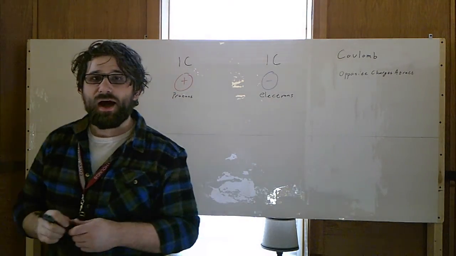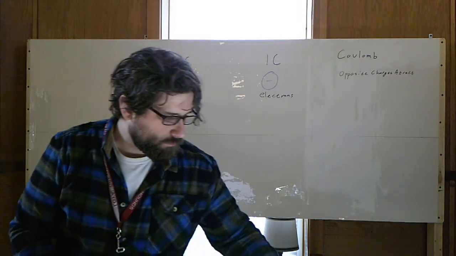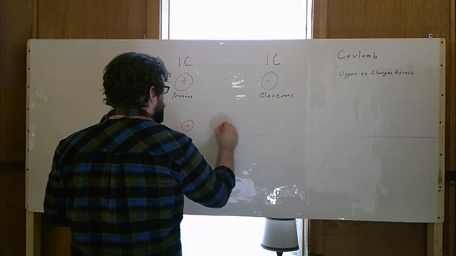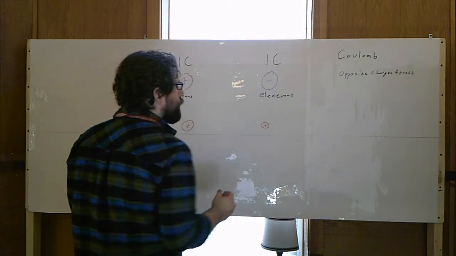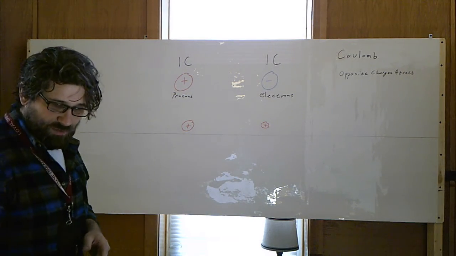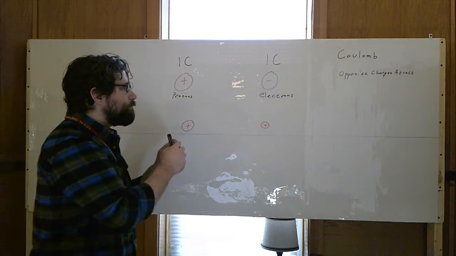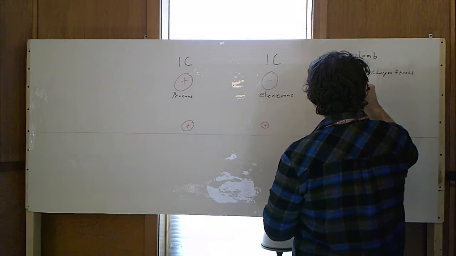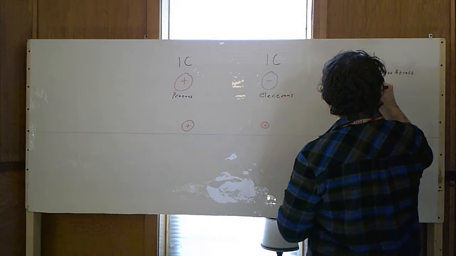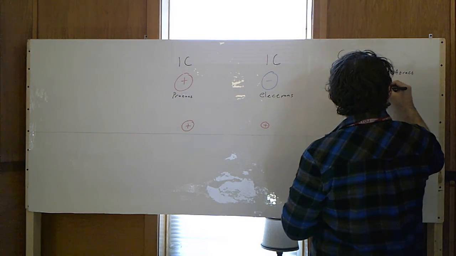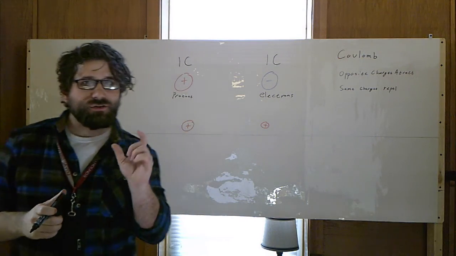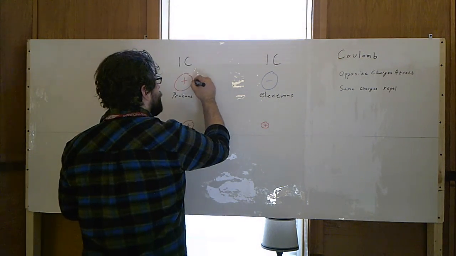If I had the opposite situation, where I had two positive charges, well then I'd have the same type of charge and they would actually push away from each other. So same charges repel.